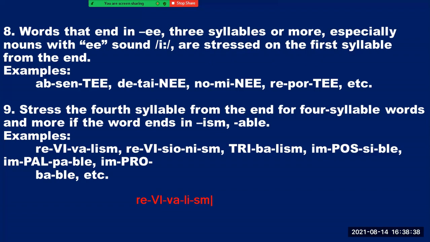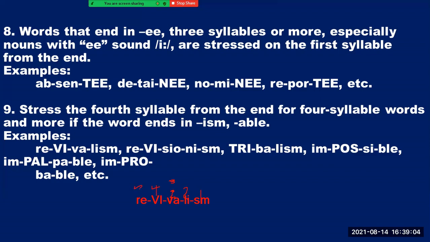Valism. So here you have this is the first from the end. This is syllable number 2 from the end. Then you have 3. This is 3. This is 4.